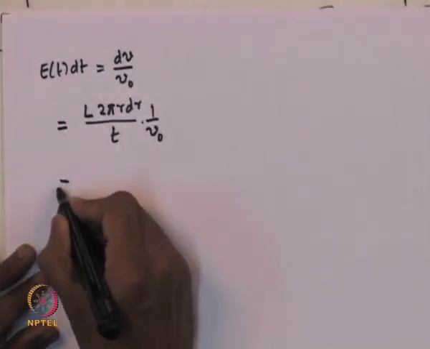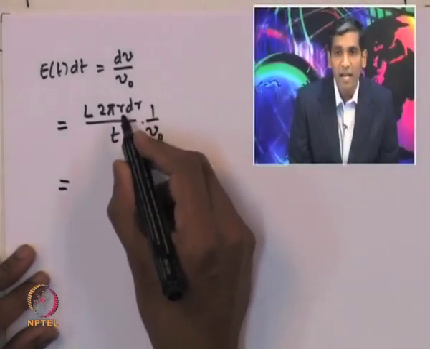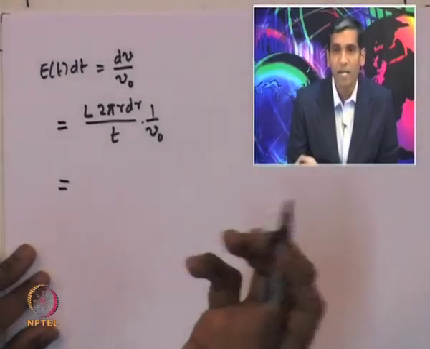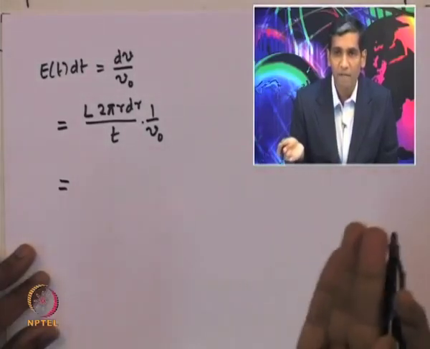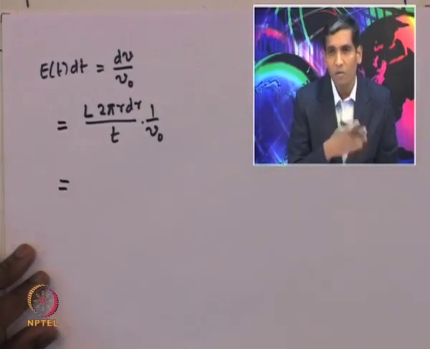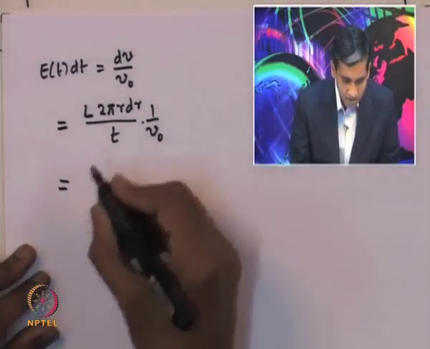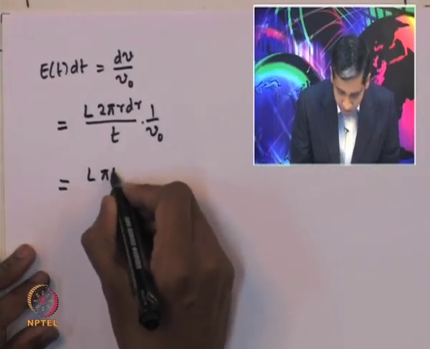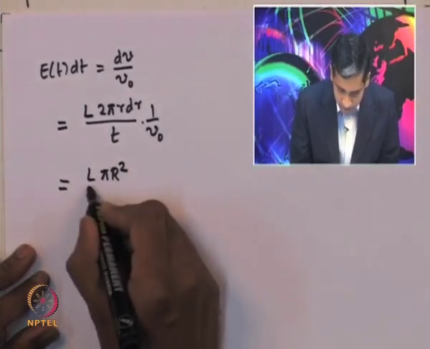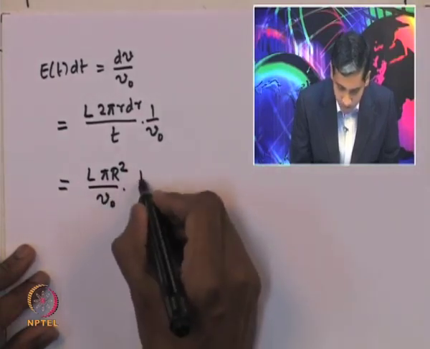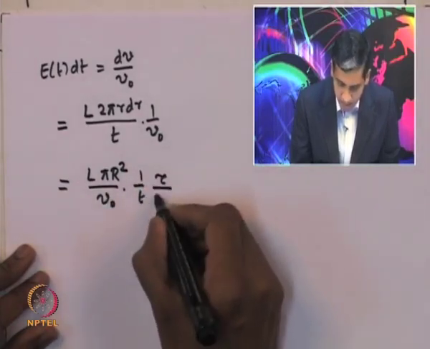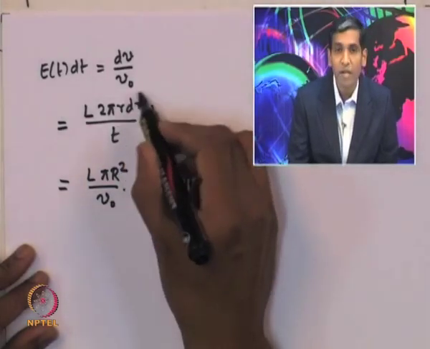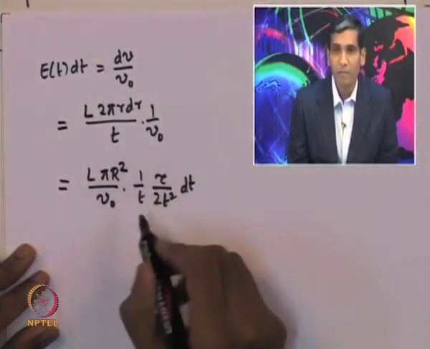Now we can substitute r dr using the differential time that the fluid takes to travel from one end to the other end of the reactor. One would get L into pi r square divided by V naught into 1 by t into tau by 2 t square into dt. All that has been done is we have substituted r dr with the expression we just derived.